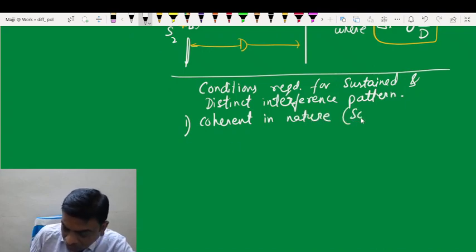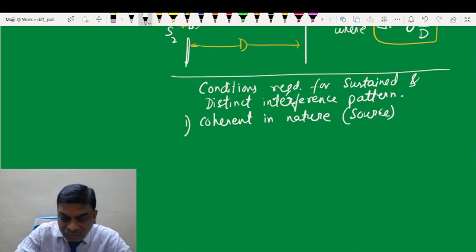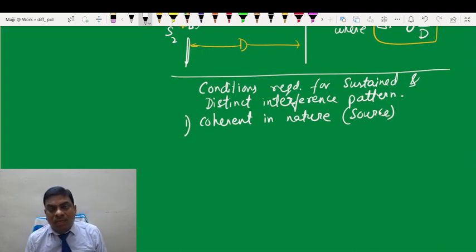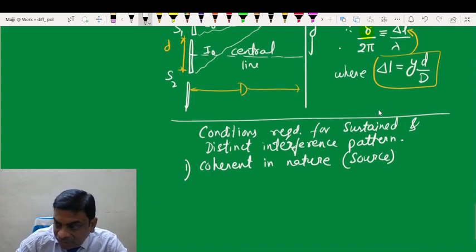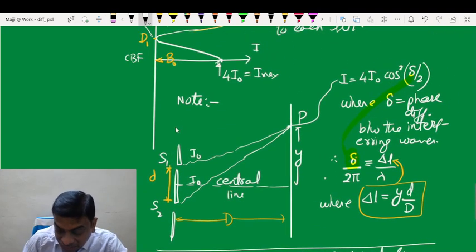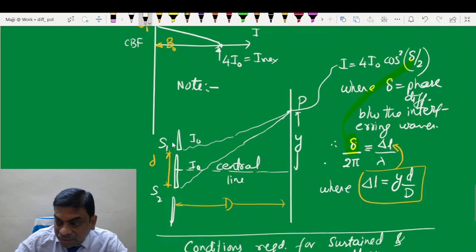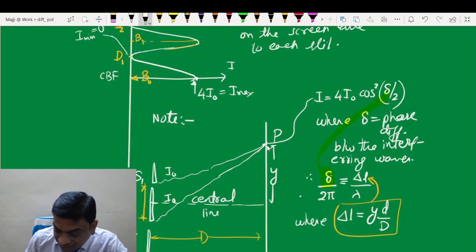Sources should be coherent in nature. Now students, if the sources are not coherent, then the phase difference between them will not remain same. If the phase difference between the individual sources doesn't remain same, naturally the phase difference between the interfering waves will not remain same.